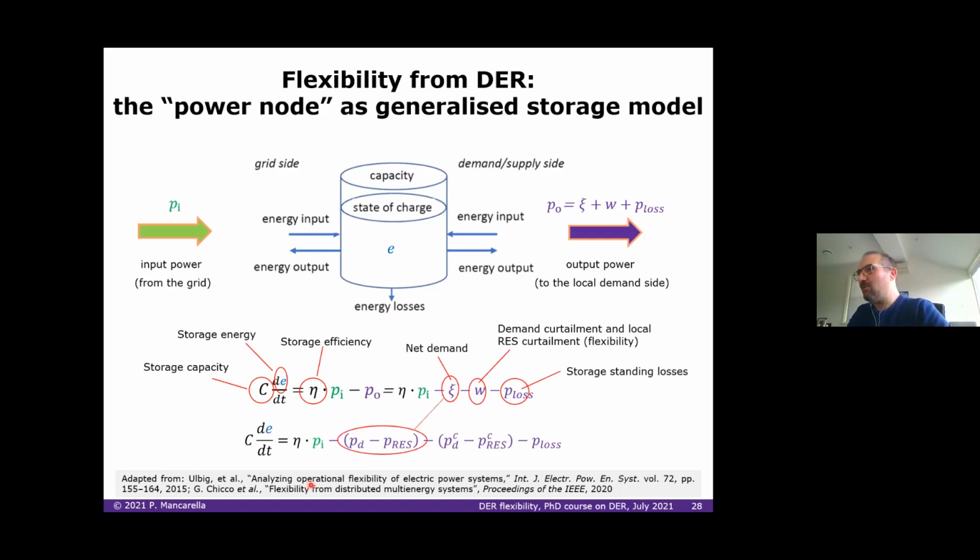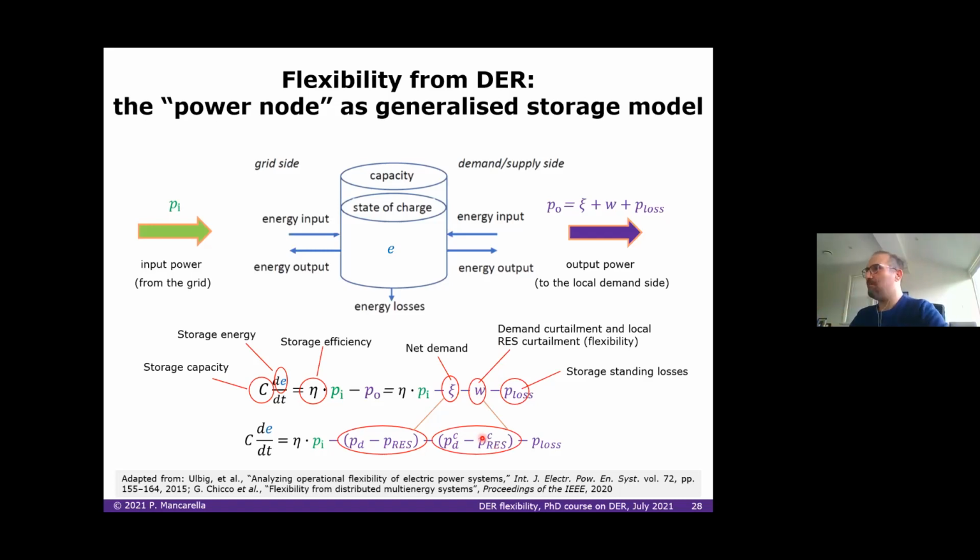If we look a little bit more in detail, there is this net demand that is effectively the local demand minus local generation, for example, local PV. And then this term W is effectively flexibility that is coming from curtailment. And what can you curtail? You can curtail demand, so you can curtail a service.